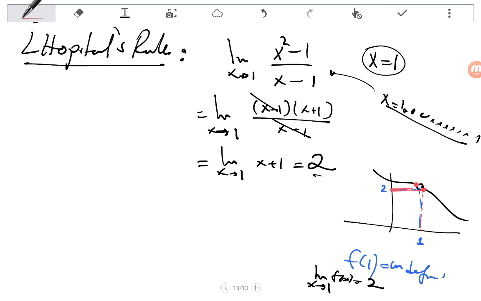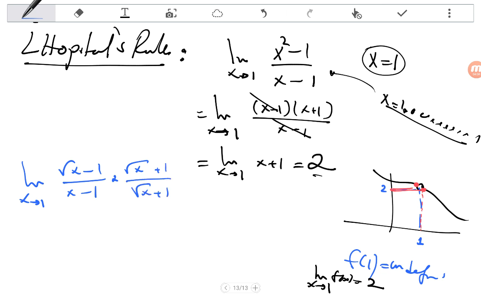There are some tricks in this case. For example, if I have limit x approaching 1 of root x minus 1 over x minus 1. In this case, I don't have factorization. But whenever I have a root, I multiply by the conjugate of that root, root x plus 1 over root x plus 1.